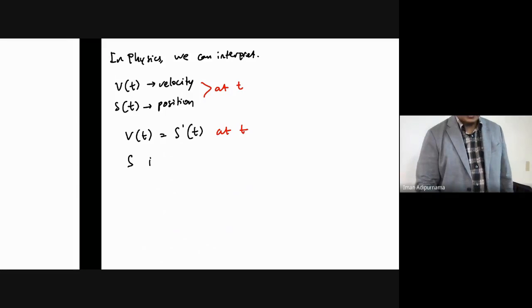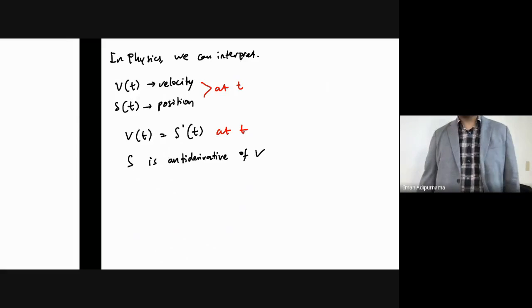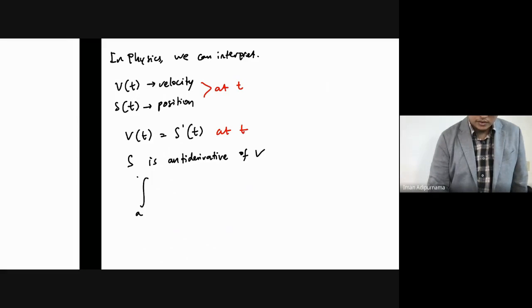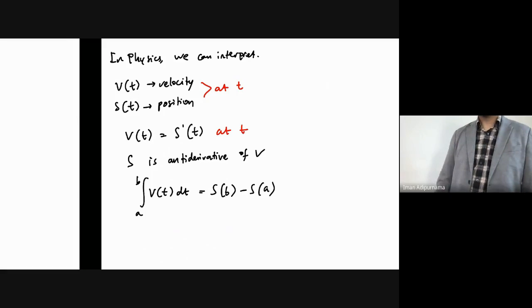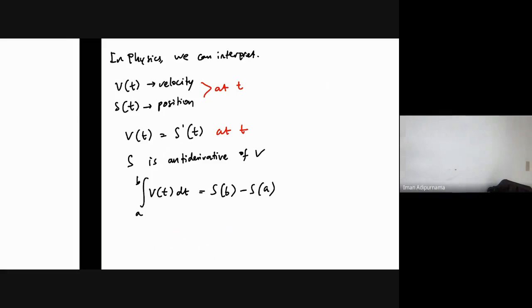Then s is, we can say, the antiderivative. We can use that also in physics. So the integration of v(t) dt is s(b) minus s(a). You can also use physics to imagine the relations between s, the positions, and the velocity.